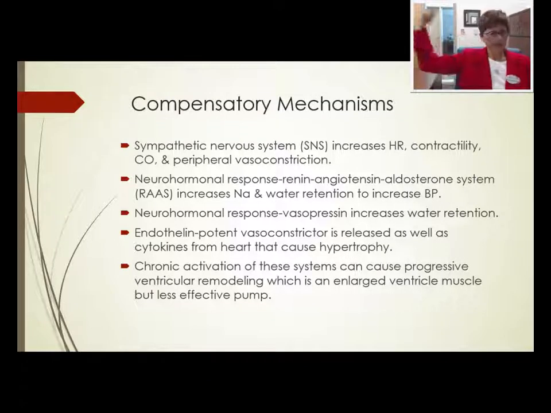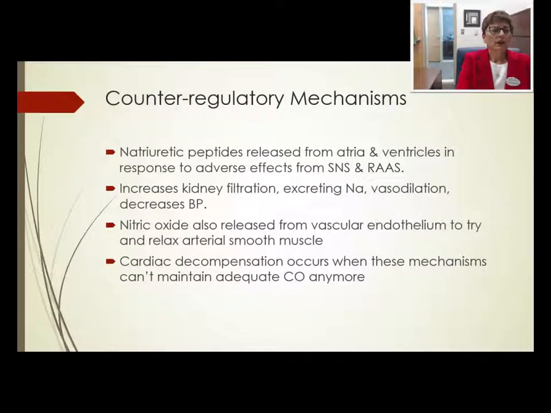When we work out, we have big biceps. When we work out, we make them bigger. That makes us stronger, and that's good. But when the heart muscle is becoming bigger, it makes it less effective. To counteract these effects, we have natriuretic peptides that are released from the atria and the ventricles, that's the heart, in response to those adverse effects from the RAAS system and the sympathetic nervous system.